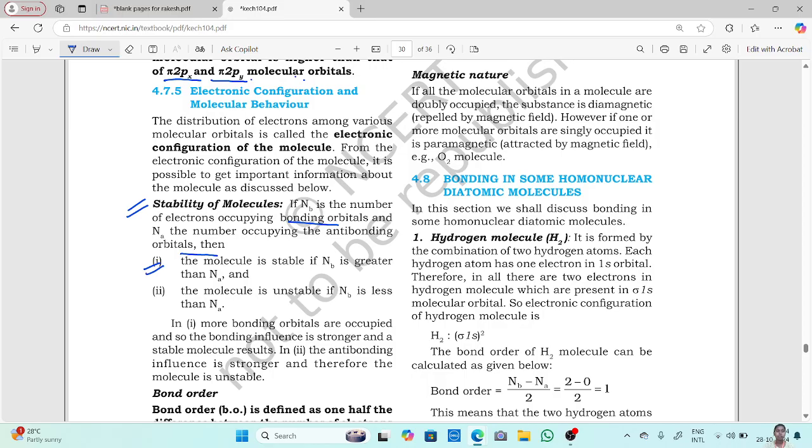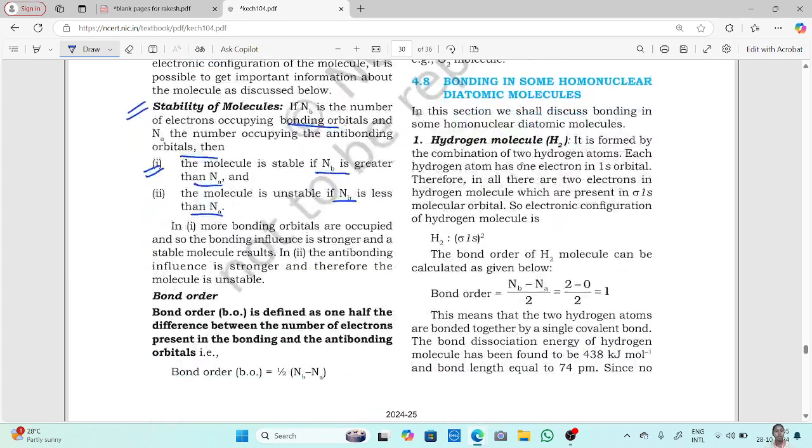The stability of the molecule, how will it tell you? First thing is the molecule is stable if the number of bonding electrons is greater than the number of anti-bonding electrons. If the number of bonding electrons is higher than the number of anti-bonding, then your molecule is stable. The molecule is unstable if it is opposite. If the number of anti-bonding is more than the number of bonding, the molecule is unstable.